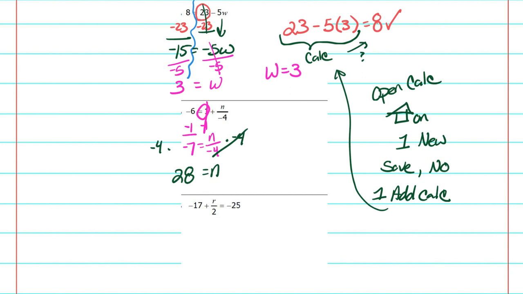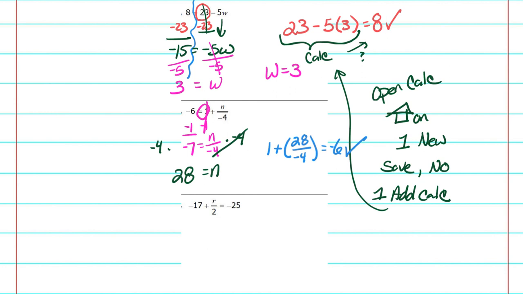Now, go ahead and put 28 back into your problem, and let's see if we get negative 6. So, in your calculator, I want you to do 1 plus parentheses 28 over negative 4. Do that, hit enter. You should have gotten negative 6. That is correct. If you didn't, let me know, and I will help you enter it into the calculator correctly.